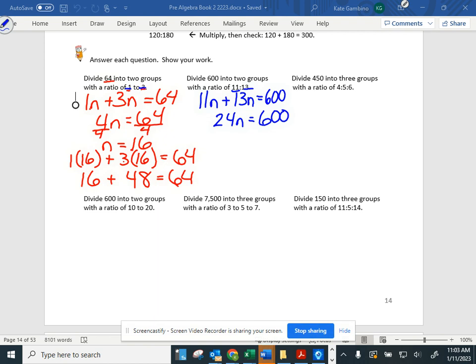What do I need to do next? You divide 600 by 24. Yeah, I'm going to divide both sides by 24, so I get n by itself. 600 divided by 24 is 25. So now I'm going to plug that 25 in for my n.